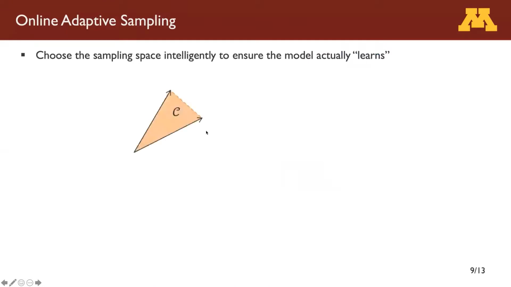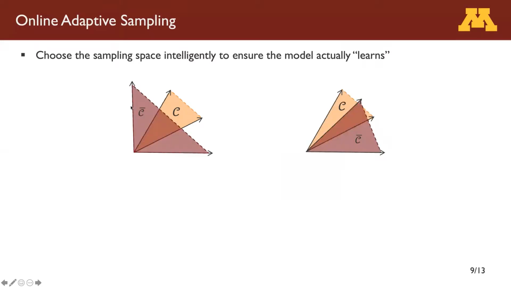So let's suppose that the script C is the admissible set at some point during an online inverse optimization process. After this, whenever we add a new experiment, let's say the admissible set for just that experiment is script C bar. So for this script C bar, there are 2 possible scenarios.